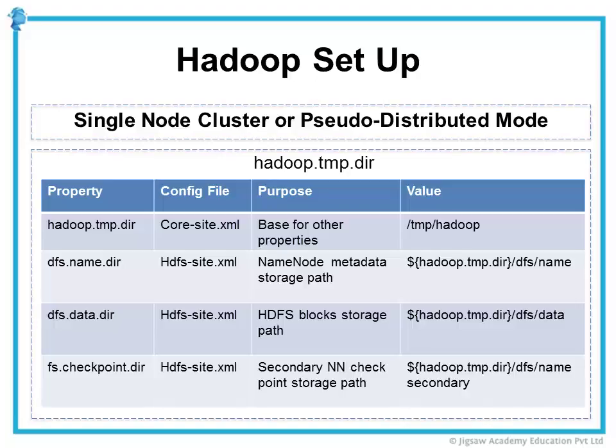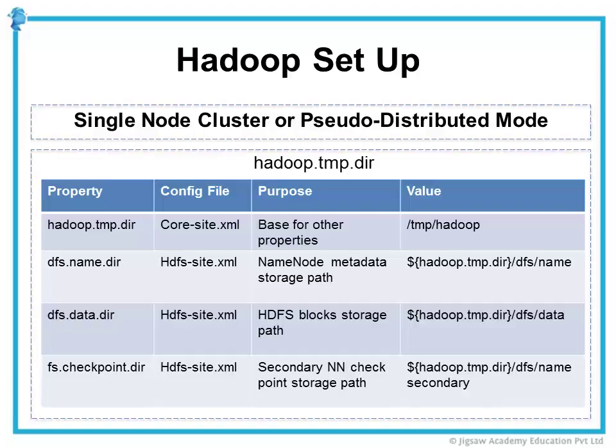In the core-site.xml, you can configure the hadoop.tmp.dir property with a path, and by default, this path will be used as the base for other directories. Now let's say, like we have done, you configure hadoop.tmp.dir to /tmp/hadoop.